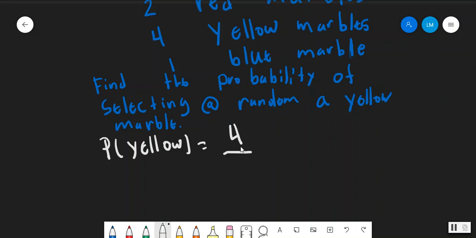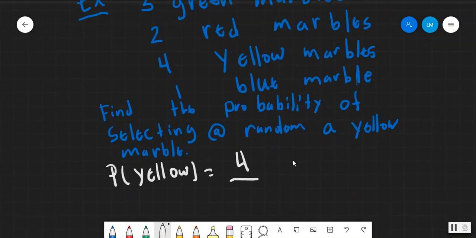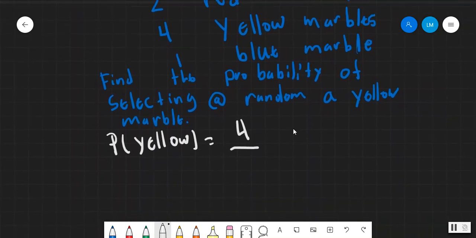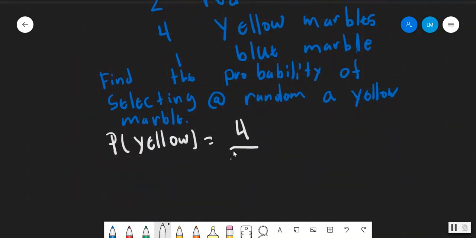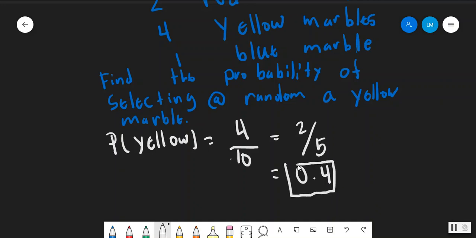If we count how many marbles there are, there's 3 plus 2 plus 4 plus 1, which is going to be 10. So that tells us that that's going to reduce to 2/5. If you convert it to a decimal, that's going to be 0.4. Okay, so the answer is, and I just realized that we could have just converted it right away. So it's going to be 0.4.